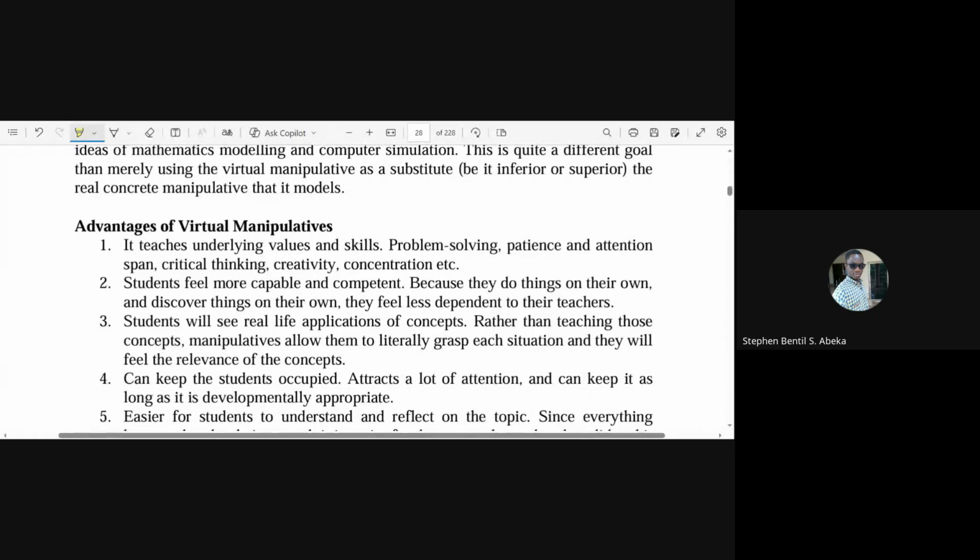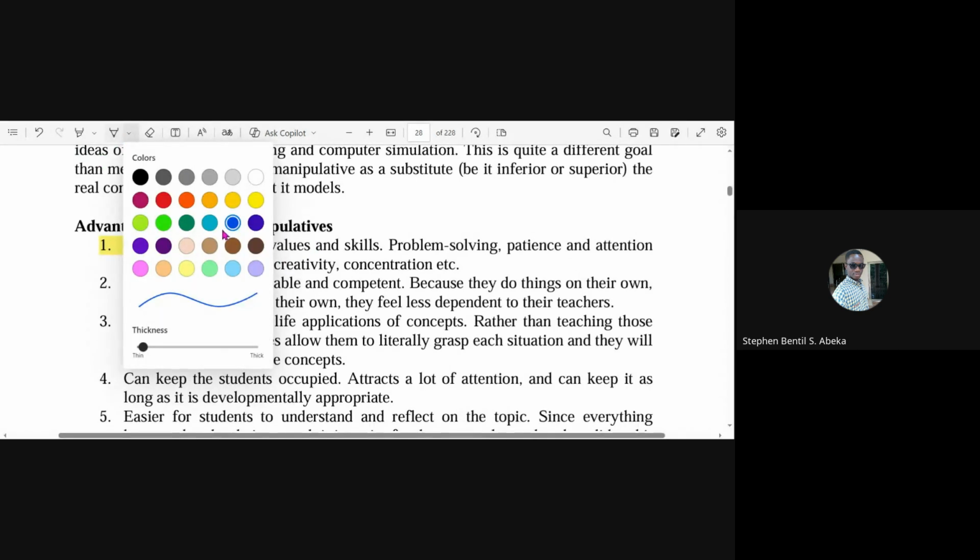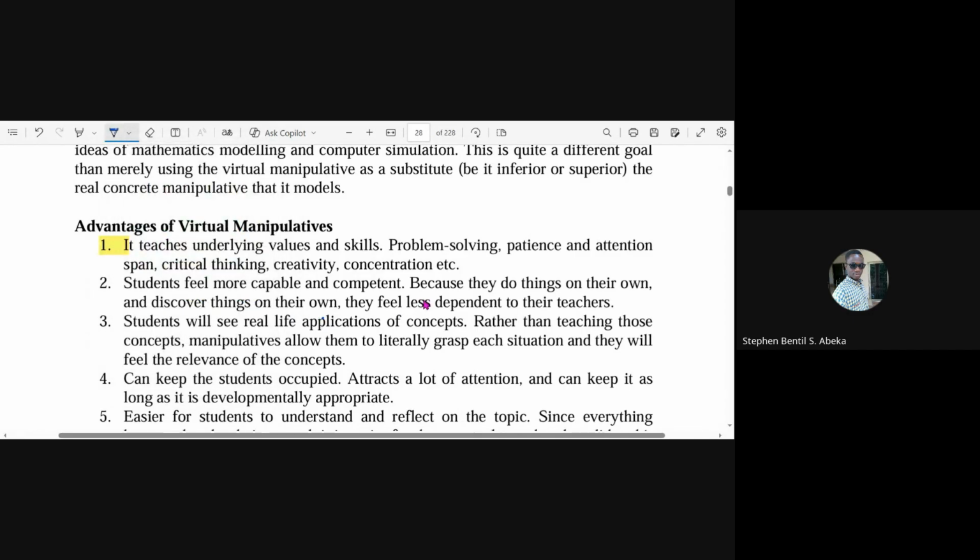One of the advantages of virtual manipulatives is that it teaches students the underlying values and skills. Here, we are talking about the child being able to solve problems using the virtual manipulatives. It also tests the child's patience and attention span.